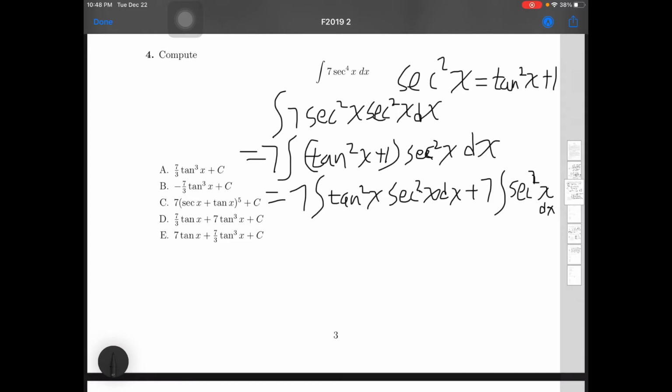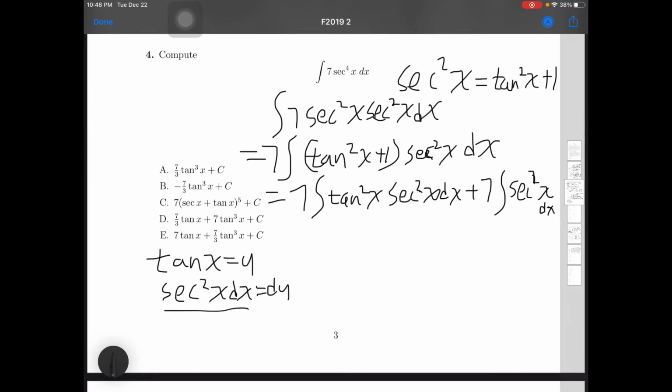So for the first integral, we can do a u sub of tangent x equal to u. So taking the derivative would be secant squared dx equal to du.